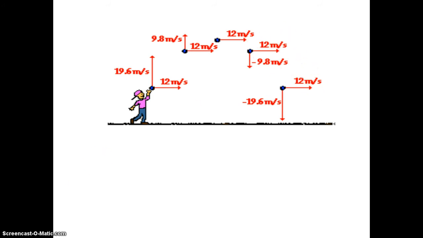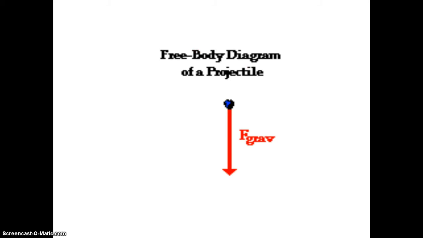Quite often questions are asked about what goes on at the peak of the projectile's path. What's the object's velocity? What's the acceleration? And what is the time to get to the peak? Is the object accelerating at the peak? Absolutely. It's accelerating at 9.8 meters per second squared downward. Keep in mind, gravity is still acting on the object, even though it's at the peak.